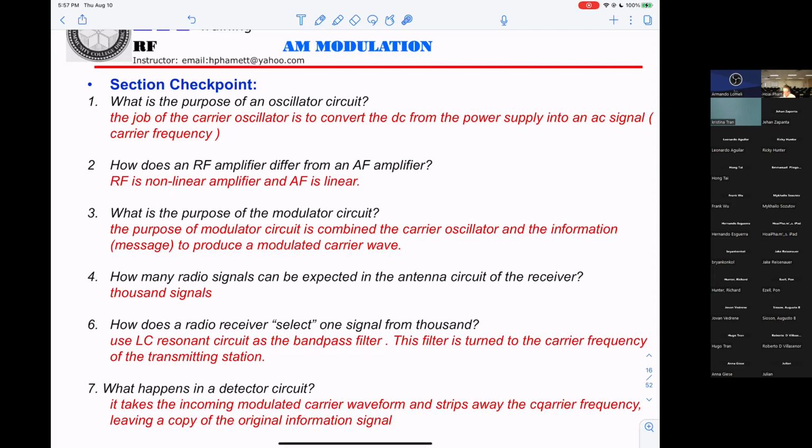Okay, that means when you tune into the station you want, the carrier can be stripped away, leaving the information you're looking for.